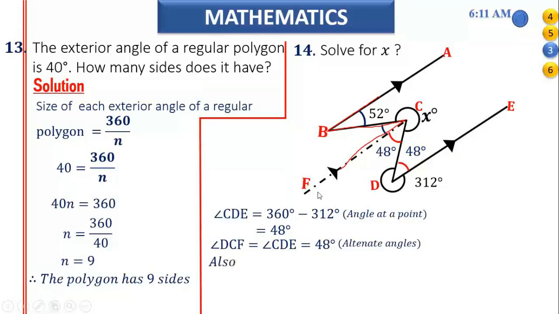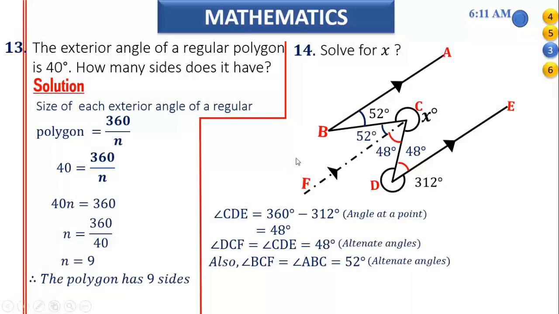So we can also say BCF equals ABC, which equals 52 degrees. Of course, they are also alternate angles. So by implication, this angle is also 52 degrees.